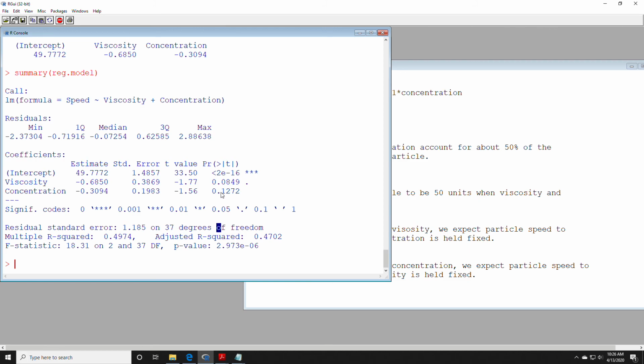Let's go to concentration. P-value, 0.13. This is greater than alpha, 0.01, suggesting that we again fail to reject the null hypothesis that beta 2 is equal to 0, which suggests that concentration does not appear useful. This suggests that viscosity is not useful. This suggests concentration is not useful.